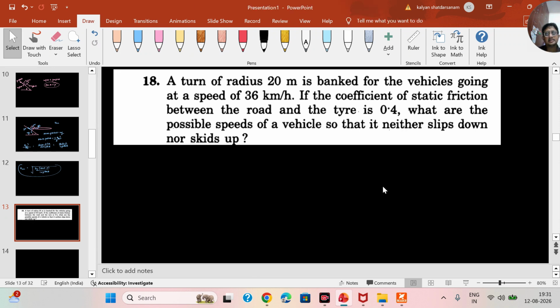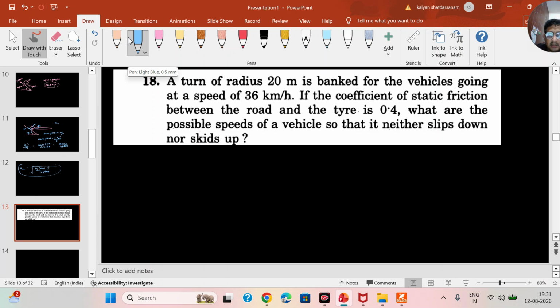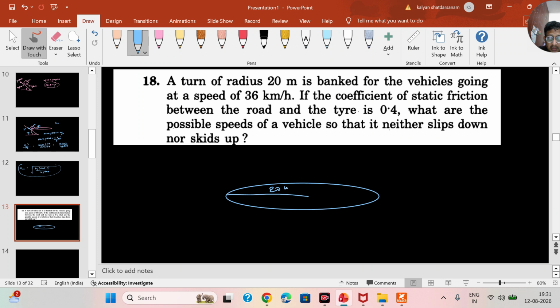So the question is like this. Let's read it once. A turn of radius 20 meters. So there is a circle of radius 20 meters, which is a good radius, and it's maybe a highway road, is banked for vehicles going at 36 kilometer per hour. Let me convert into meter per second. 36 into 5 by 18, 10 meters per second.